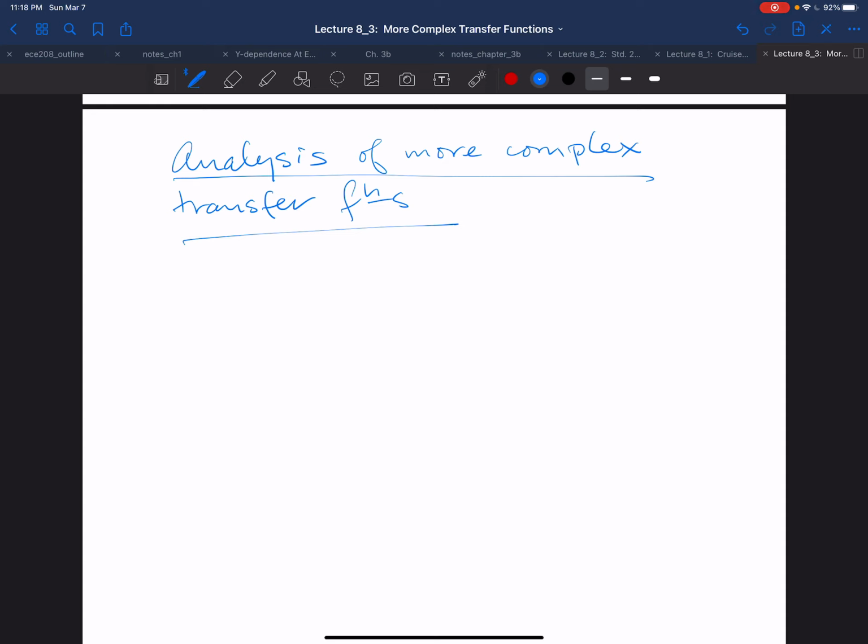Okay, so let's call this transfer function Hz(s), z for zero, of course. This is the sort of thing that we just saw for our cruise control with PI control.